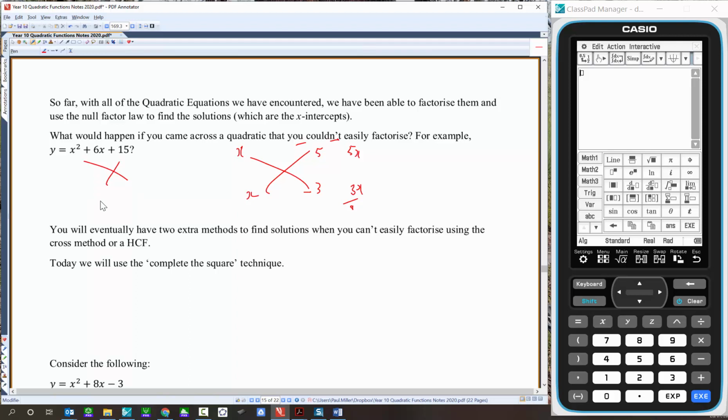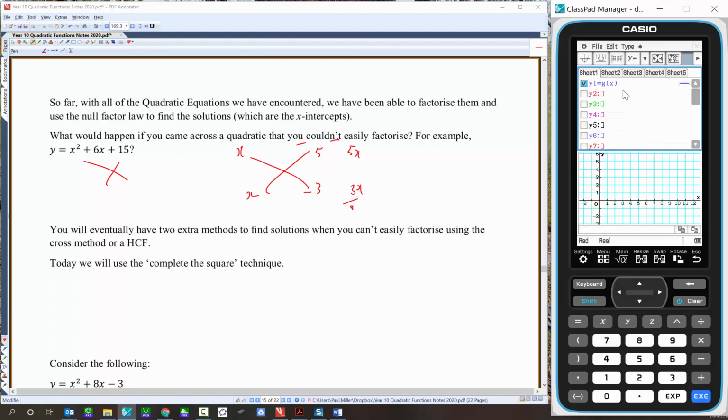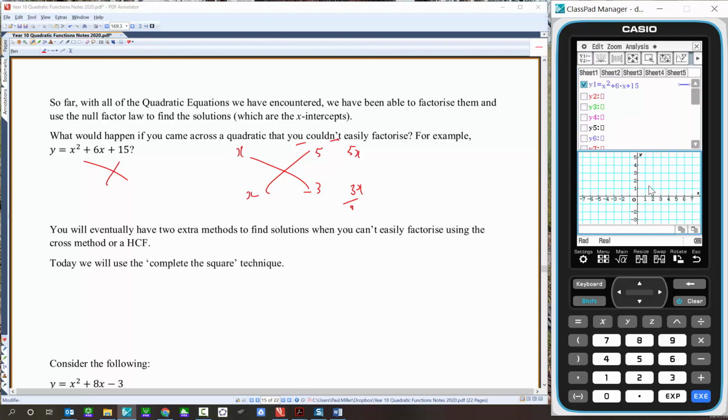Okay, so what we need to be aware of is that if I did graph this function, which I'll do now, x squared plus 6x plus 15, let's have a look at it. There it is there.